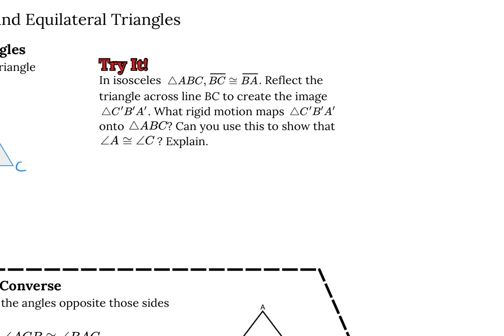Okay, so first thing we want to do is create an isosceles triangle. There we go. Again, I'm going to have congruent sides here.